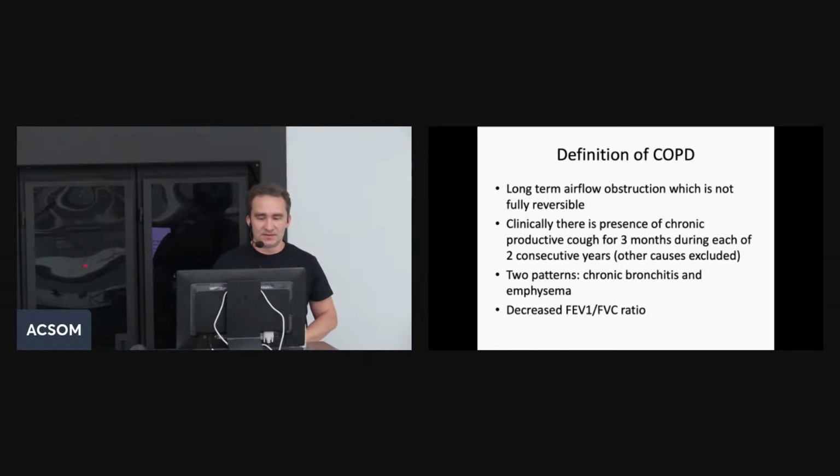The clinical definition is the presence of chronic productive cough for 3 months during each of 2 consecutive years. So it's a clinical diagnosis for COPD, and then there are two patterns: chronic bronchitis, which primarily affects the small airways, and then emphysema. The hallmark is a decrease of the FEV1 to FVC ratio.